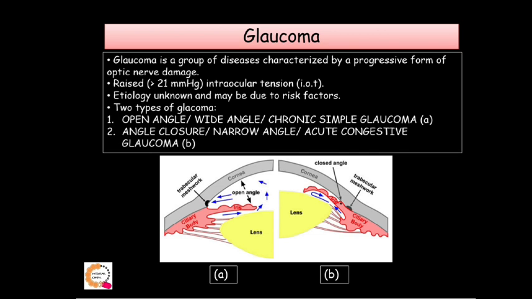These factors are: elderly age, meaning a person aged 60 years or more; second, a patient history or family history of glaucoma in any member; third, if a patient is suffering from other diseases like high BP or diabetes, or has a long-term use of steroidal medication. So these are some risk factors associated with glaucoma.